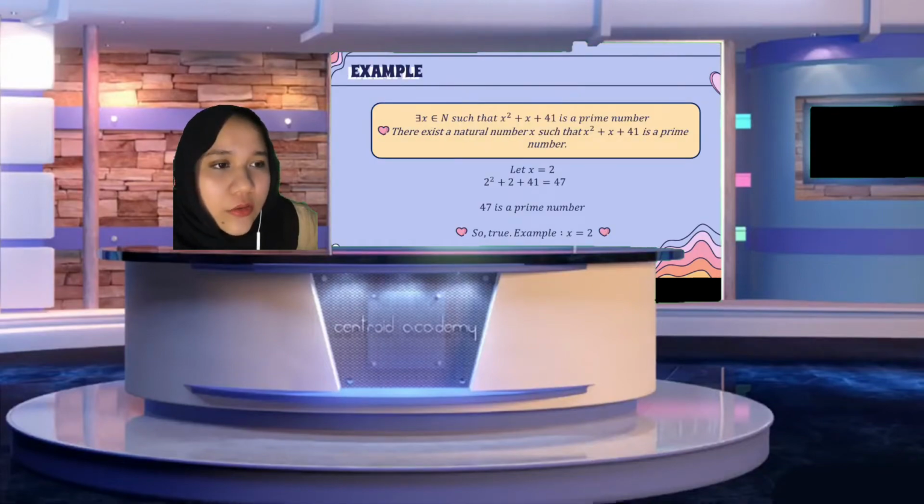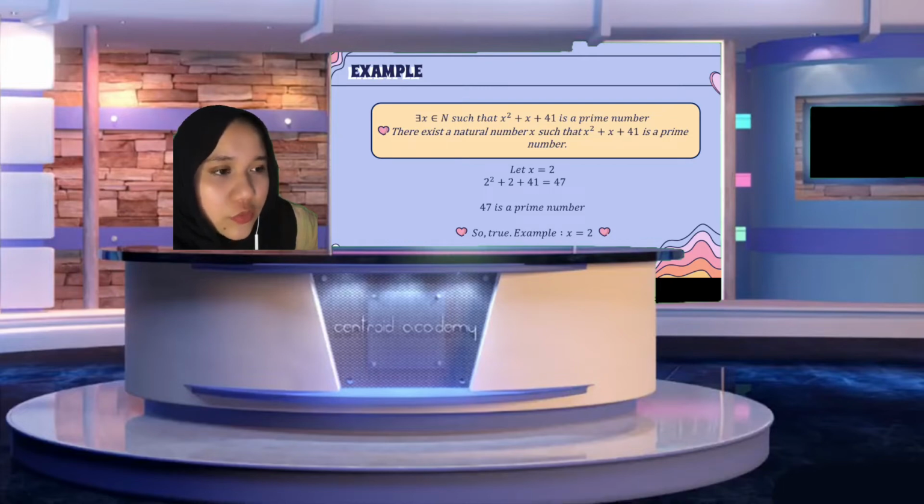Next is an example for existential quantifier. So the statement is there exists a natural number x such that x to the power of 2 plus x plus 41 is a prime number, and on top of it is the symbolic form. So how to solve it? We need to let x equal to 2 and replace the x in the equation given with 2.